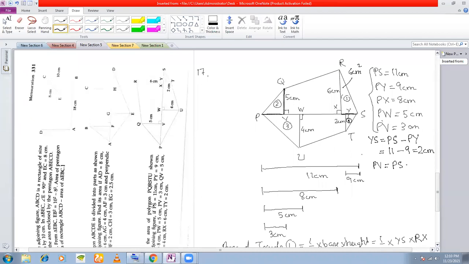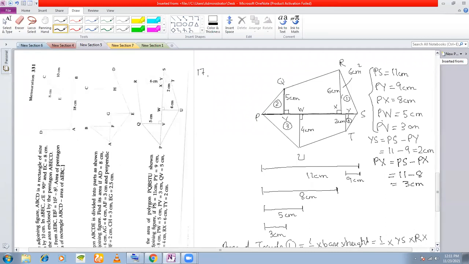Before finding PV, we have to find out PX, this length here. How much is this length? It is PS, the entire length, minus PX, right? PS is how much? 11. PX is given to be 8. So this is 3 centimeters, right? So we have found out PX.